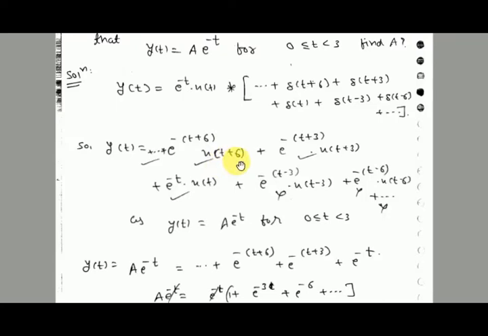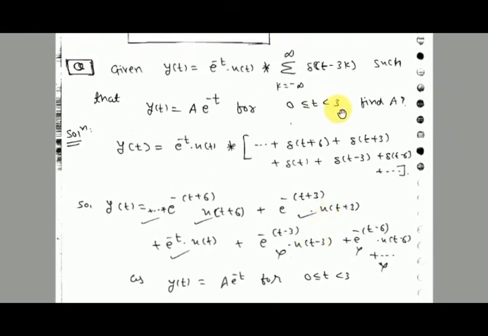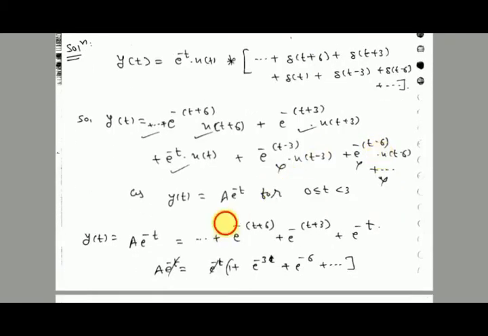So u of t plus 6 means before t equal to 0 this will be 1, this will be 1, this will be 1, and u of t minus 3 is 1 from t equal to 3 onwards, but we have to take t less than 3, that's why it will be 0.